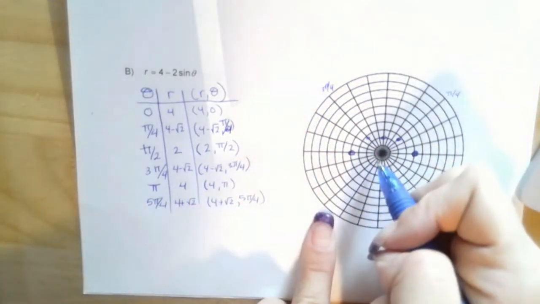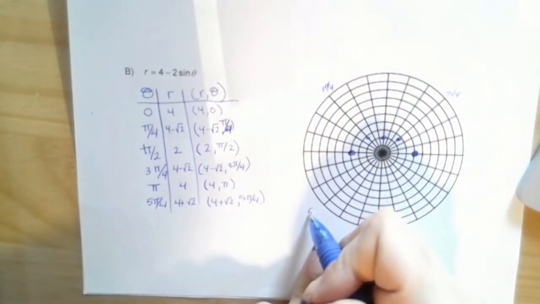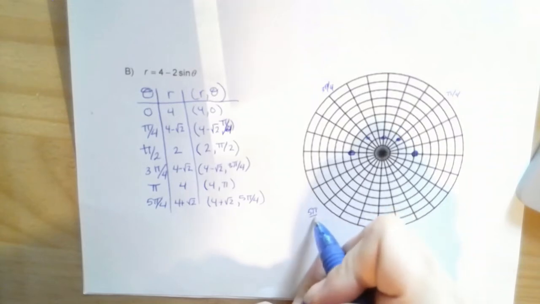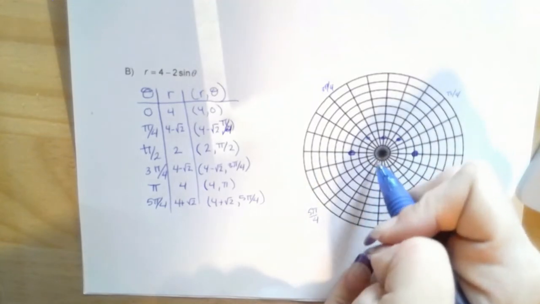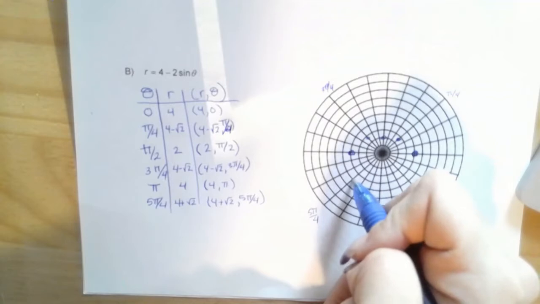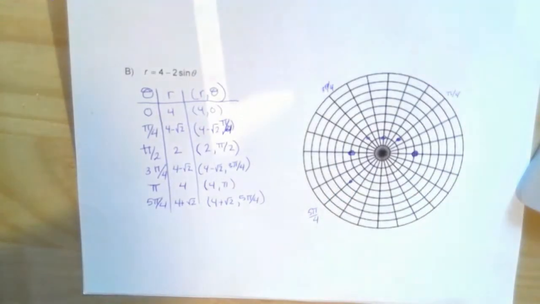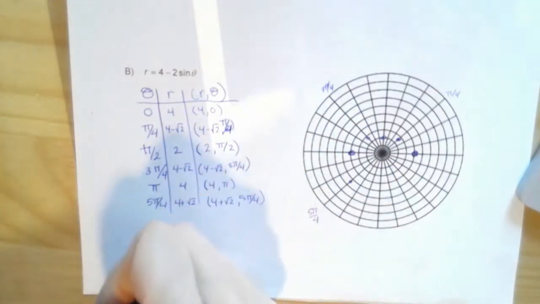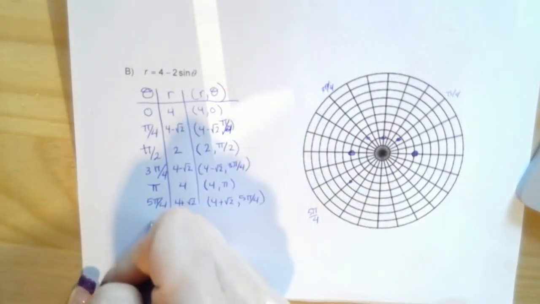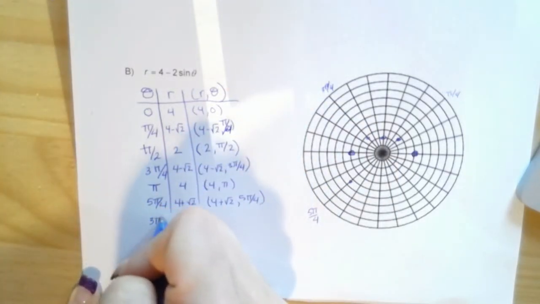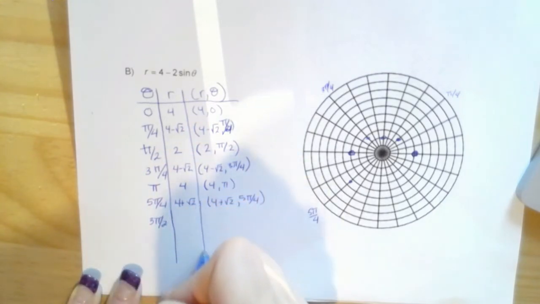So here we go. Let me get the 5 pi over 4. I'm going to go out 1, 2, 3, 4, 5, and a little bit more. Okay. Let's see. Now we have 3 pi over 2. We're not repeating yet, so I'm just going to keep going with my coordinates.